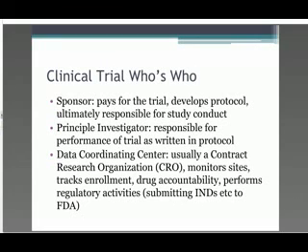We shipped you the drug. Where is it? Who did it get dispensed to? Is it accounted for at the end of the study? And it performs regulatory activities such as submitting investigational new drug applications to the Food and Drug Administration or to the EMA.